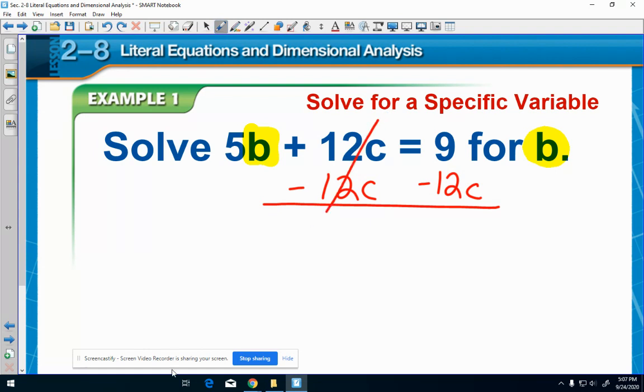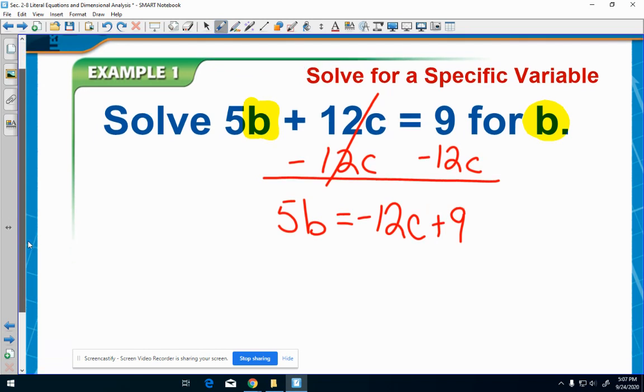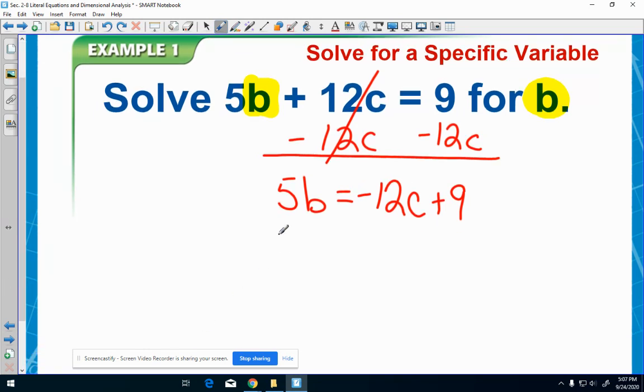So if I cancel those out, I'm obviously left with 5b is equal to, in this case, negative 12c plus 9. Or if you wanted to, you could say 9 minus 12c. Lastly, I don't want 5b, I just want b, so go ahead and divide both sides by 5.